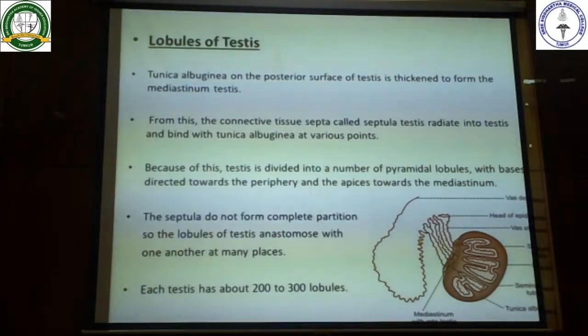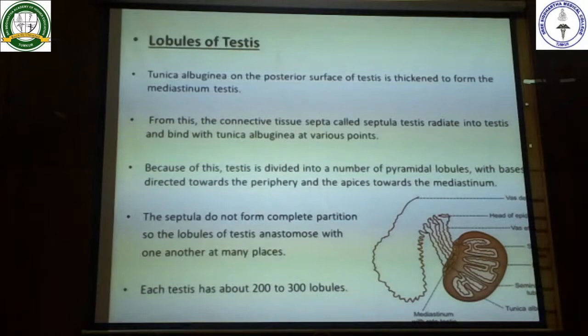These are called the lobules of the testis. If you see the diagram, the base of each lobule is directed towards the periphery, and the apex of each lobule is directed towards the mediastinum of the testis.